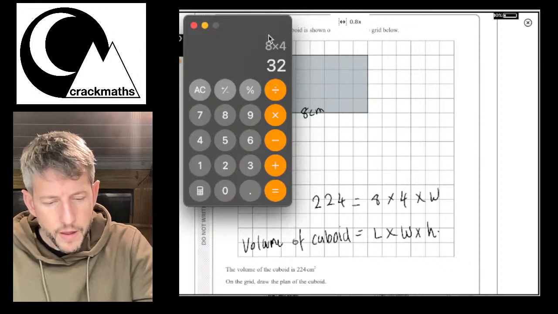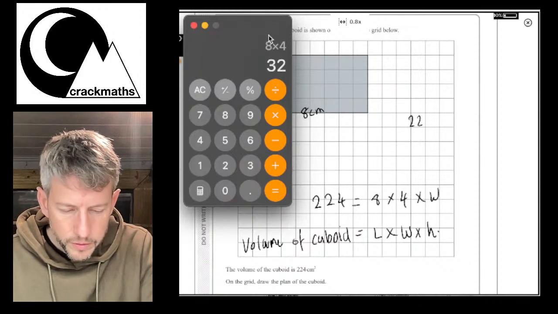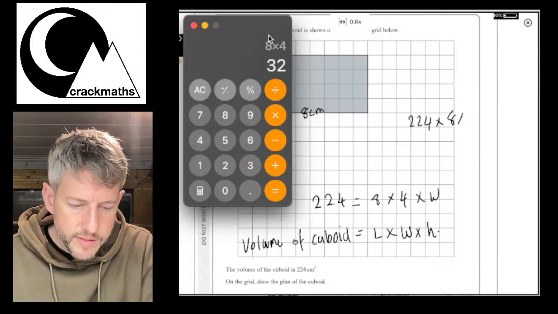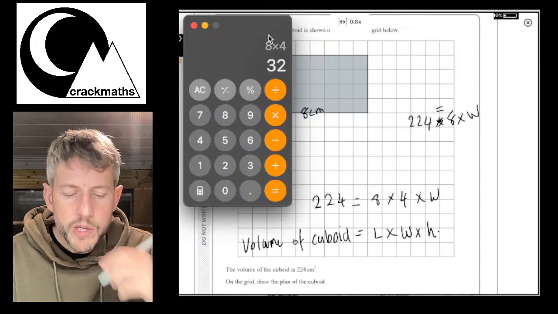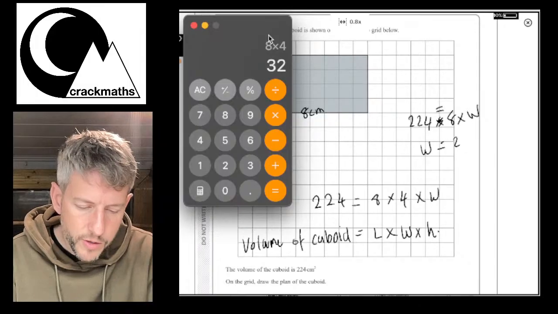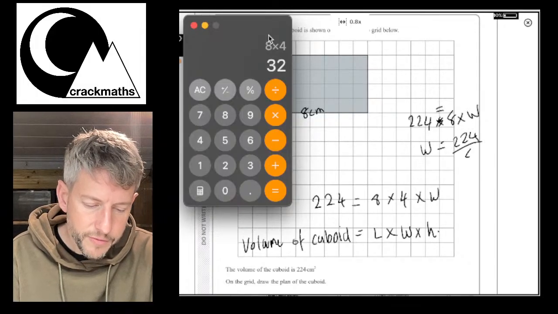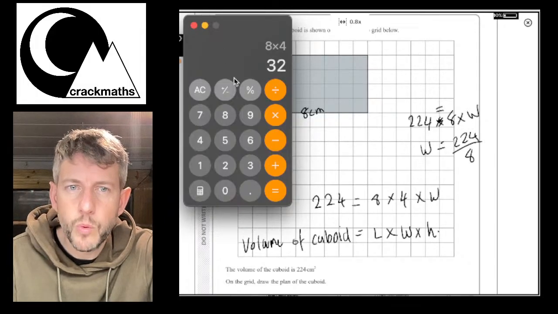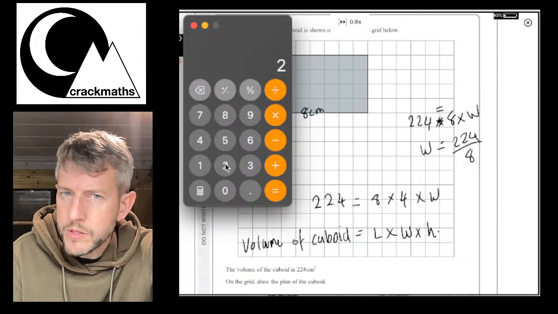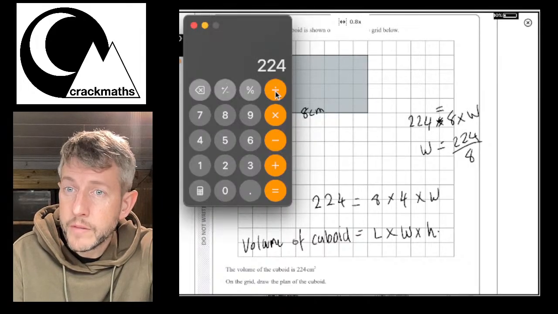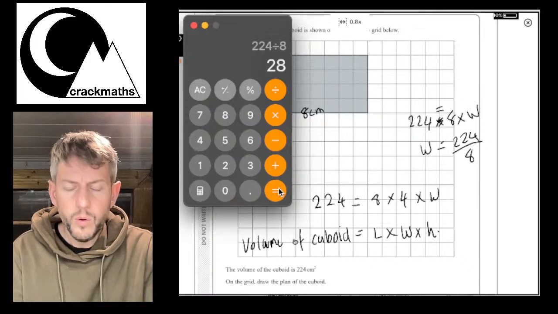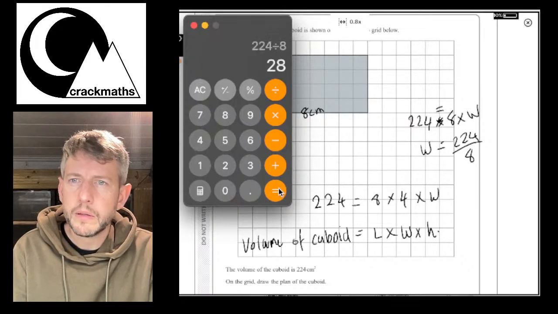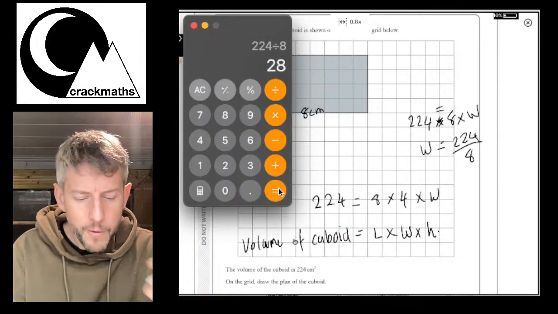So we know that 224 equals 32 times W, which means that W will equal 224 divided by 32.